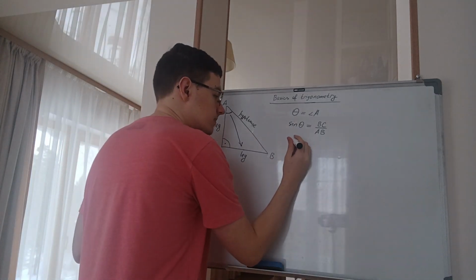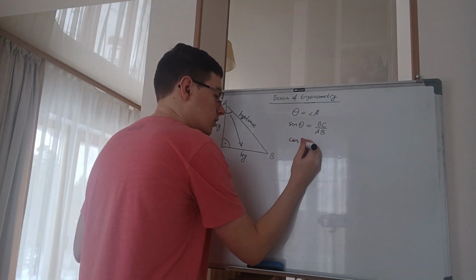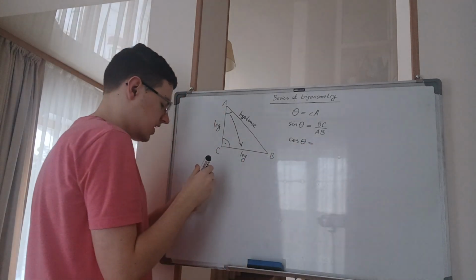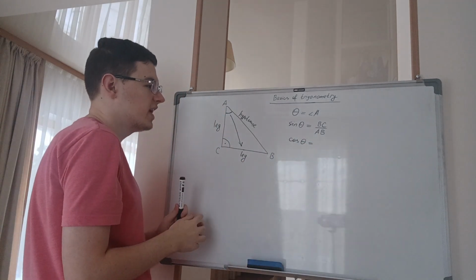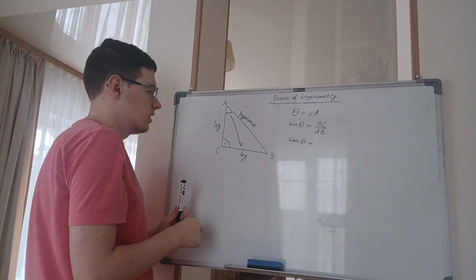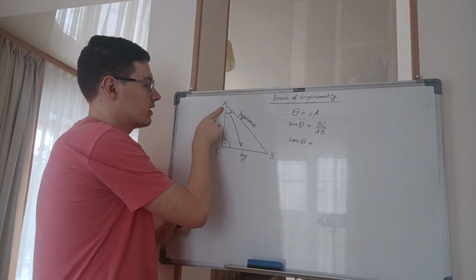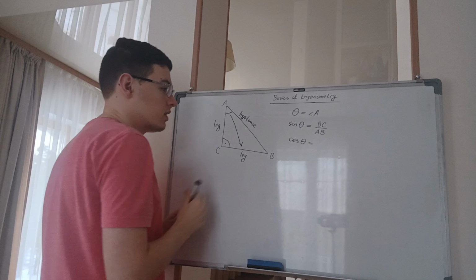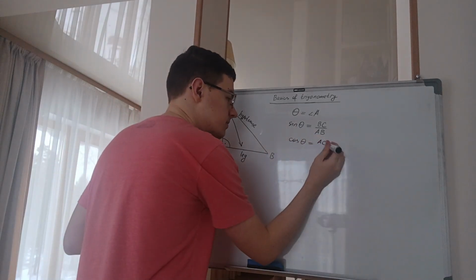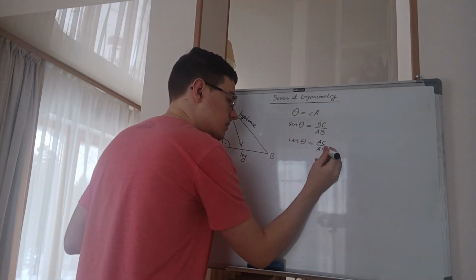The next function is the cosine of theta, and it equals the ratio of the adjacent leg, that means AC, since it lies next to the angle A. So the ratio of AC to the hypotenuse AB.